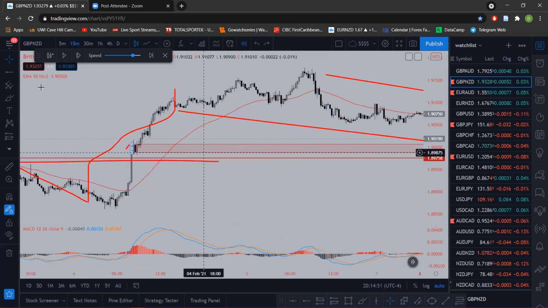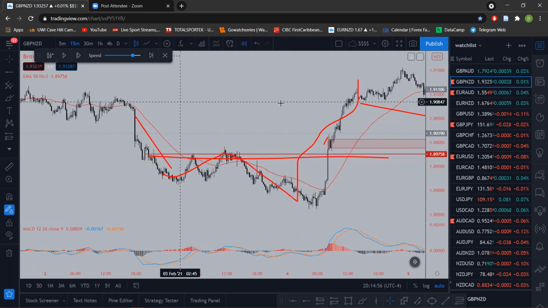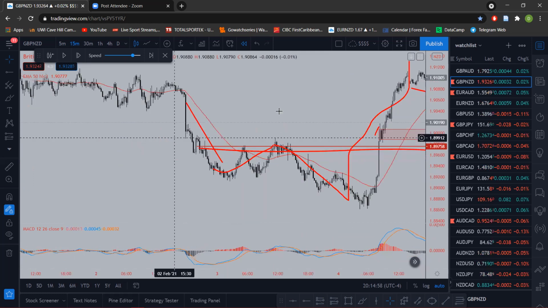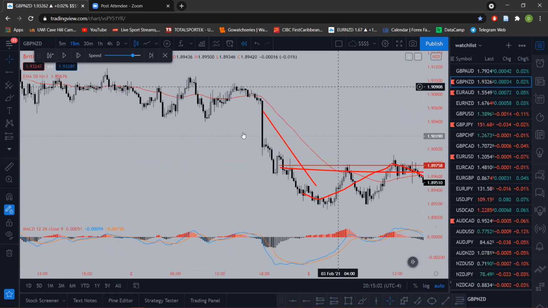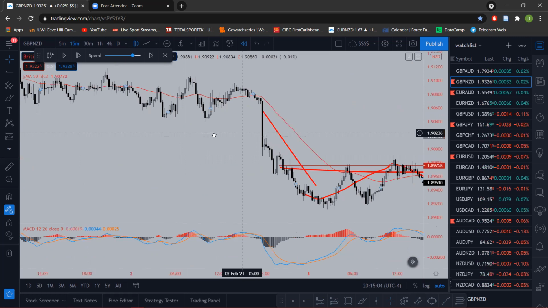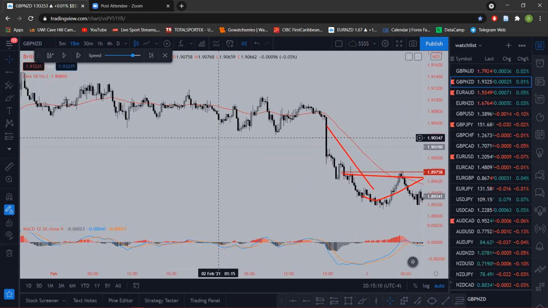If you're going for a sell, the opposite applies. So let me see, we have a small flag here.